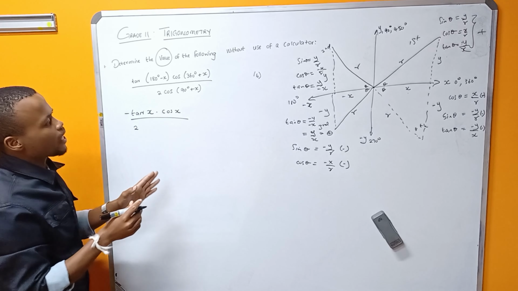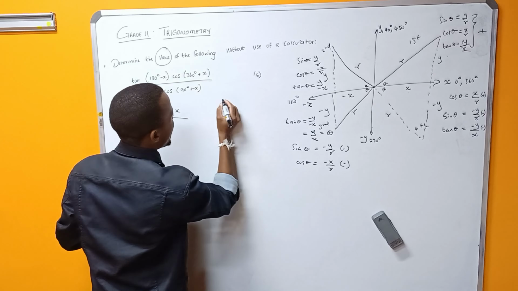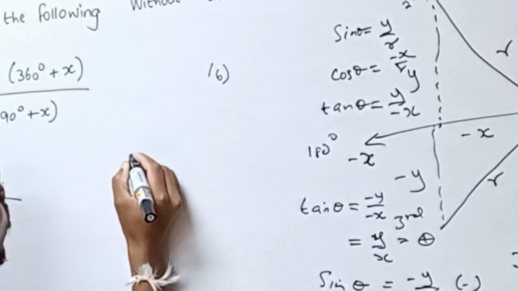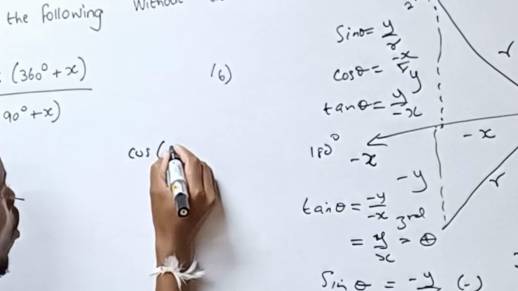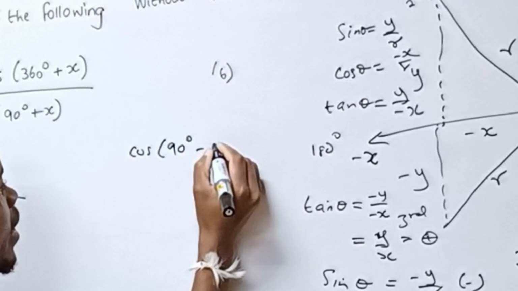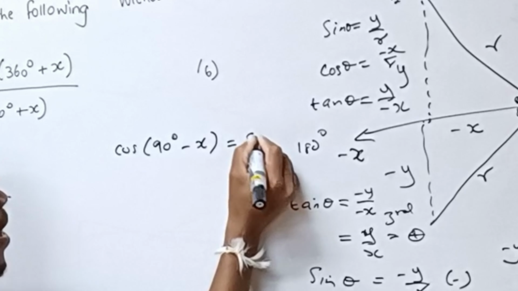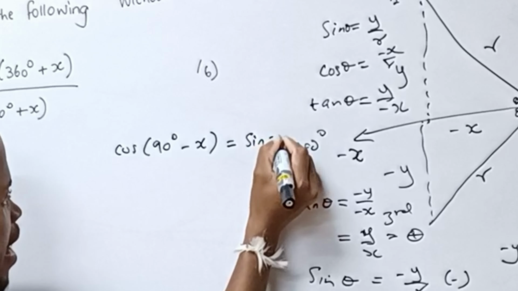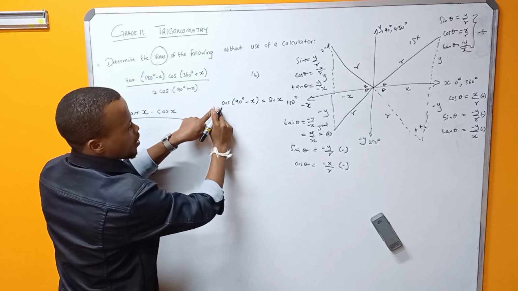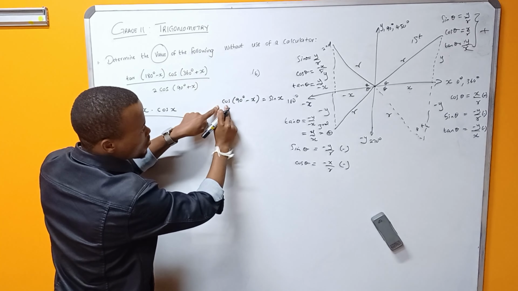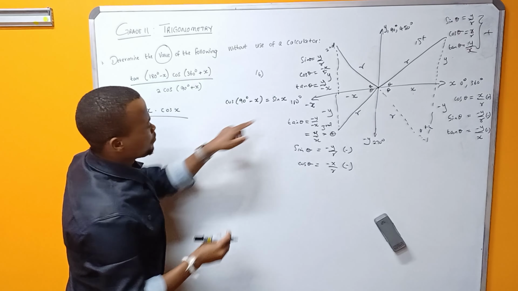There is a special identity that says when you have cos of 90 degrees minus x, it becomes sine x. So when it's cos of 90 degrees plus or minus, the cos changes to being sine.